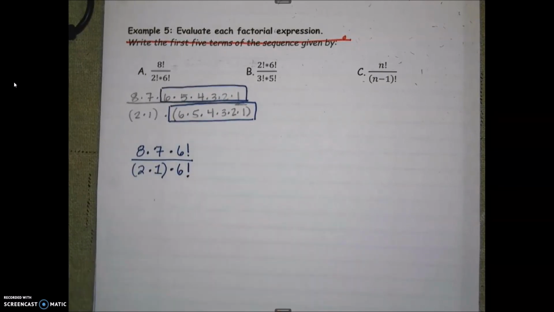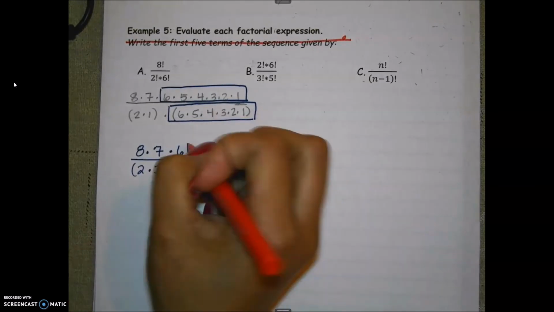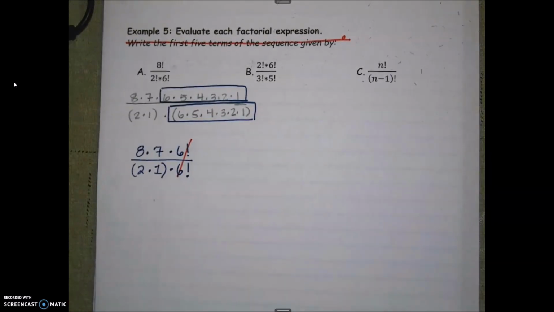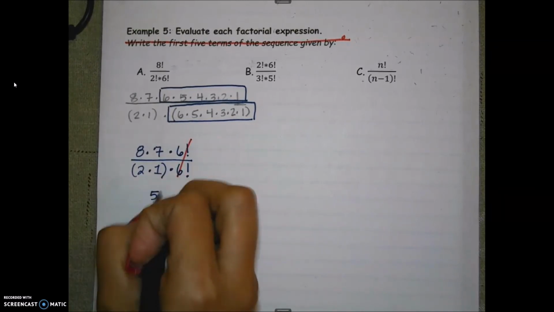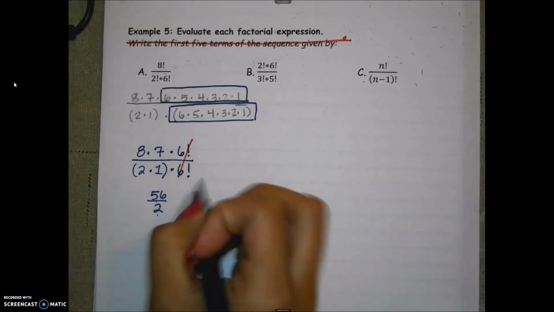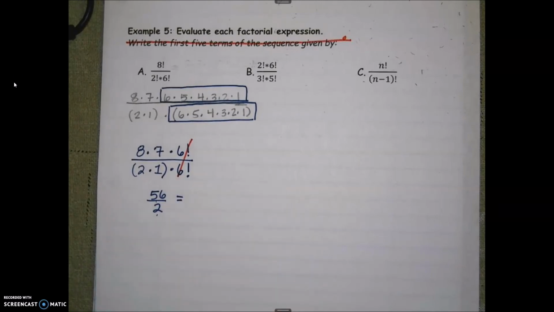Now you can see that 6 factorial will cancel out. 8 times 7 is 56. 56 divided by 2, if you're not sure, you can always use the calculator on Desmos, is 28.